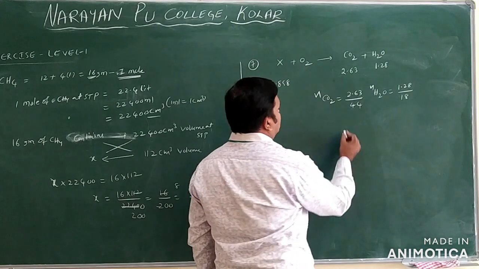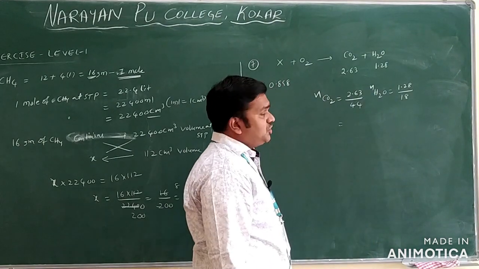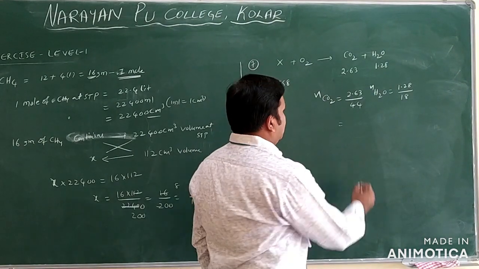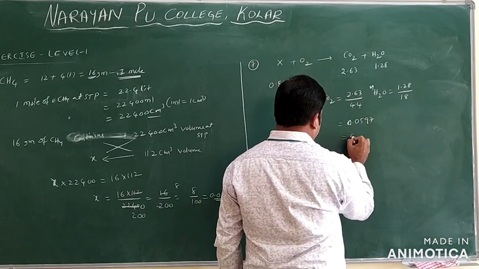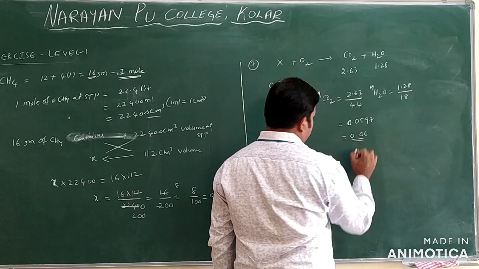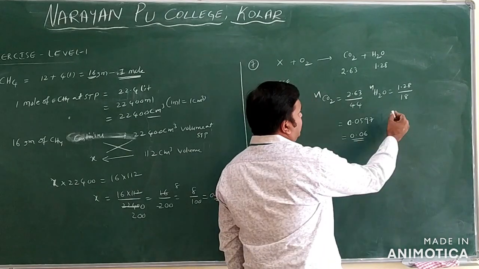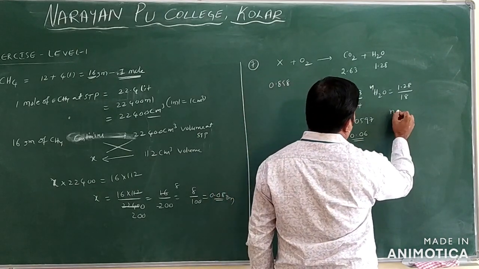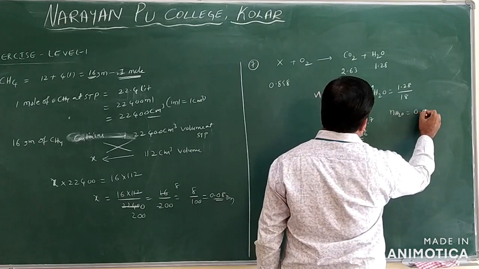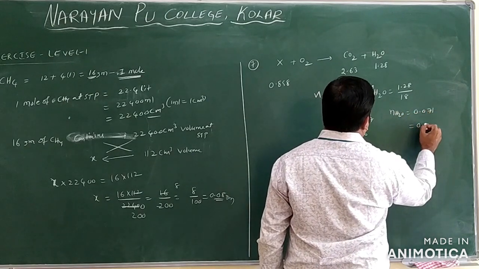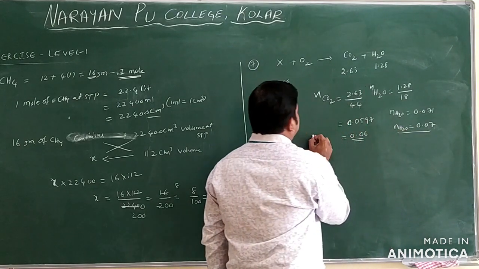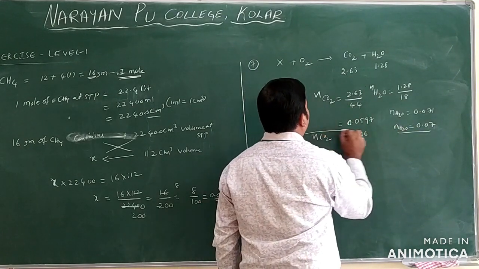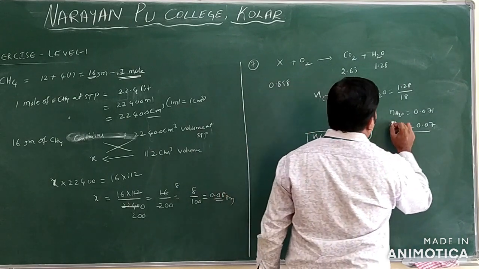If you do this calculation, 2.63 by 44, you will get 0.0597 approximately, or take 0.06 only. For H2O, n of H2O is approximately 0.071, we will take 0.07 only. This is the number of moles of CO2 and H2O we are finding.